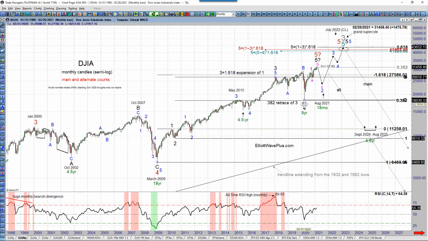But once 5 waves up is finished from the March low of last year, then I think that's, according to a number of experts in the field, going to be the super cycle wave 3, a grand super cycle wave 3 top.